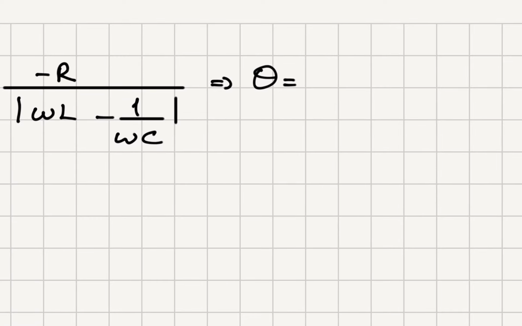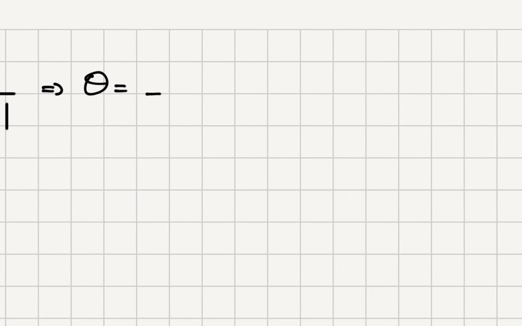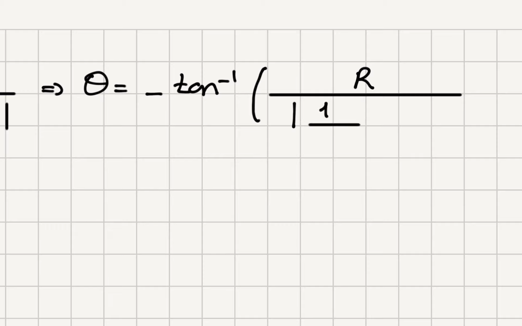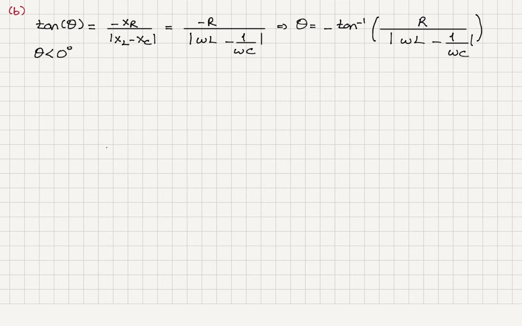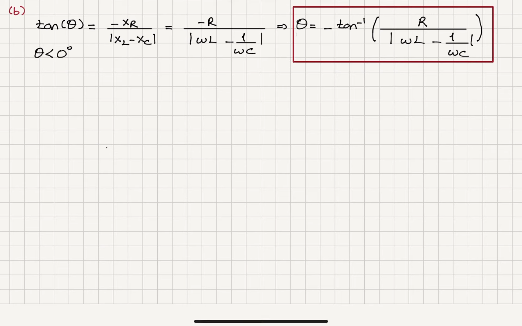Theta is then minus tangent inverse of R divided by the absolute value of omega L minus 1 over omega C, and I can make sure that this is going to be a negative angle with this expression.